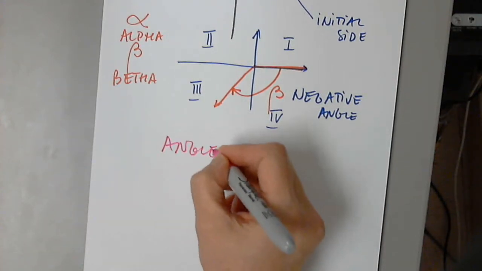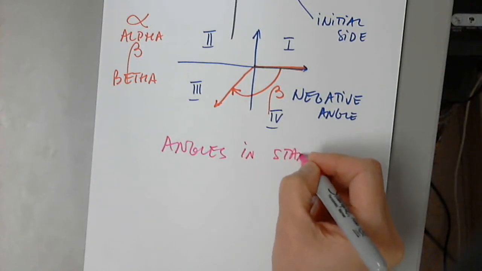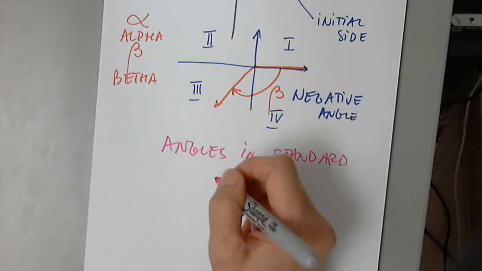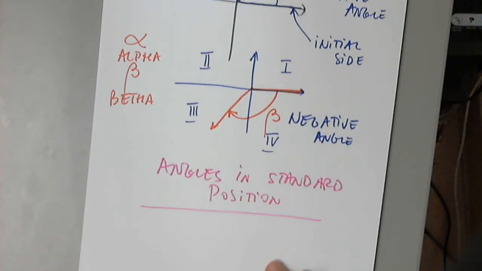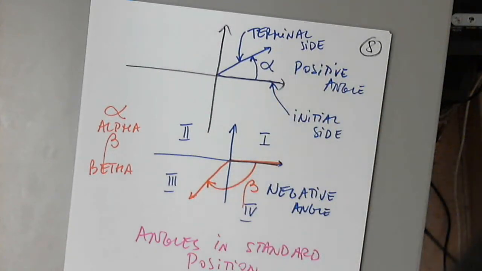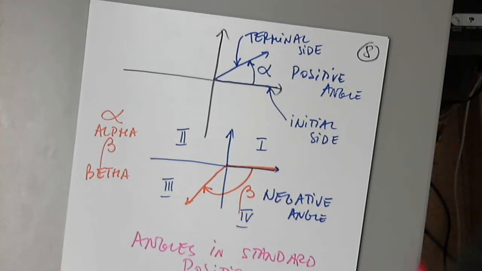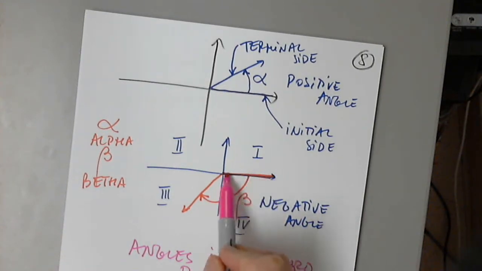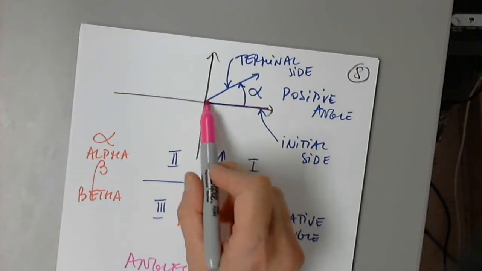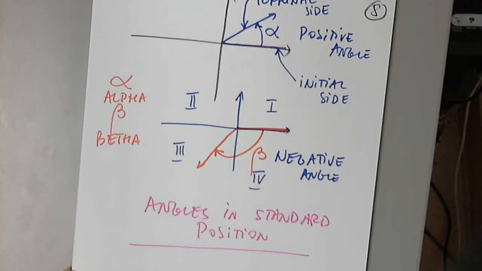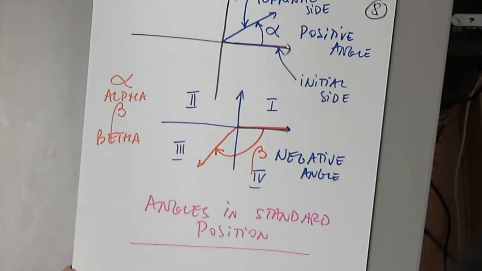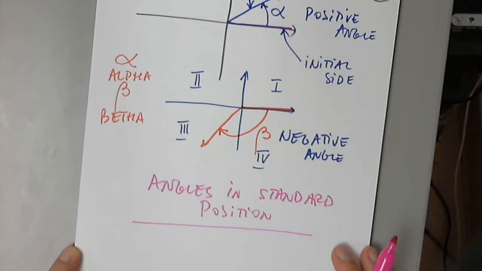Angles in standard position or form. Both angles that I just showed here in the first two examples are in standard position, meaning the initial side is on the x-axis and the terminal side is anywhere in the first, second, third, or fourth quadrants.